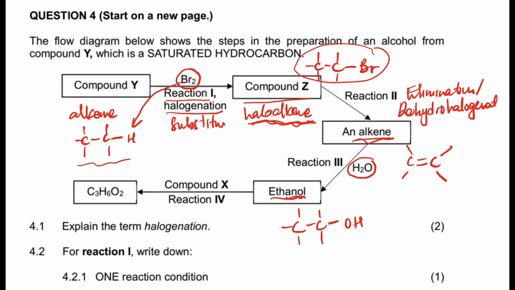From this haloalkane there's an elimination, the dehydrohalogenation, where the Br and the hydrogen are removed, and then it becomes the alkene.